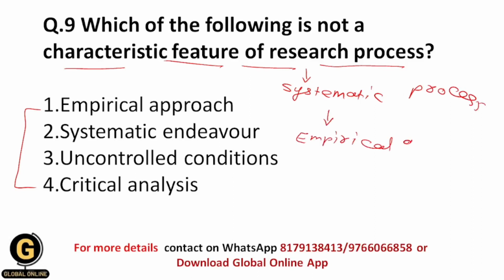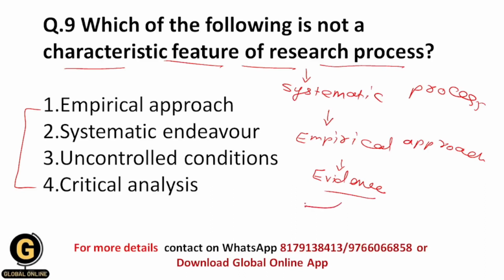Empirical approach means it should be based on the evidence that we see through our sense organs. Evidence is the observation that we make by our sense organs, so it should have strong evidence, and we should analyze that evidence critically. So that is the empirical approach.